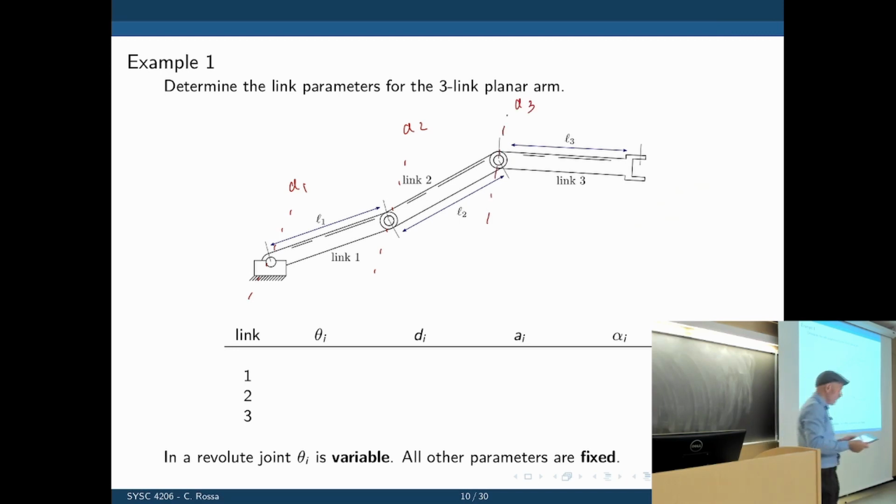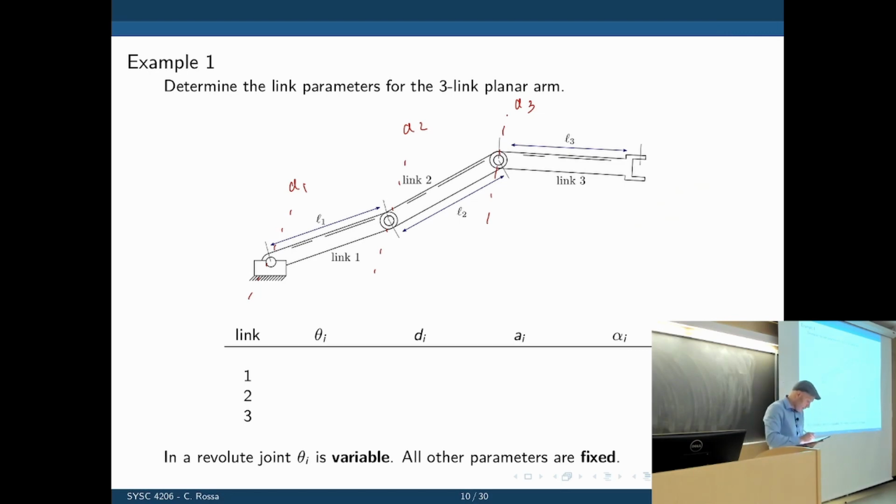Starting with link 1, we'll put frame 1 at the end of link 1, and you'll put frame Z1 along axis 2. Axis 2, exactly, because it's at the end of link 1.